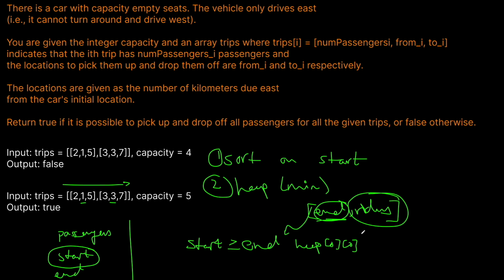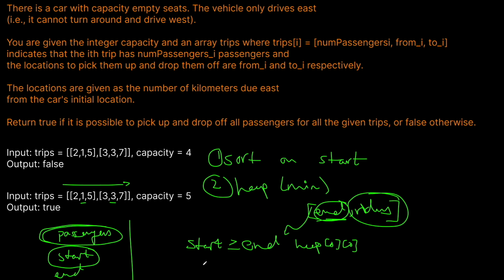Then, so that we have the most up-to-date status of our capacity of the car, we check whether the passengers we need to pick up at this current location is greater than the capacity that we have. If there are more passengers than capacity, obviously we can't pick them up, and we can just return false and end the problem there.